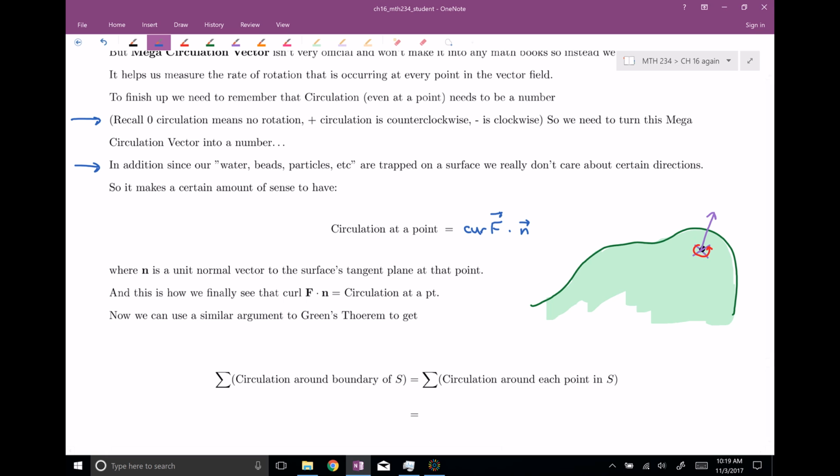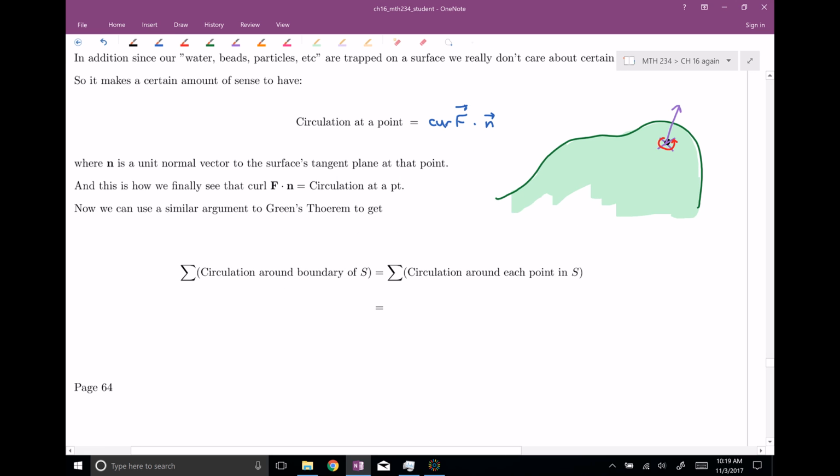So now we can use a similar argument to Green's theorem, where we broke the surface up into lots and lots of pieces, and we can say that the circulation around the boundary of S is going to be the same as the circulation around each point in S. If we add all these things up, there's a lot of cancellation that happens in this case. And so we're going to get the line integral, the circulation around the boundary, and this is going to be equal to if we summed up the circulation on the surface.